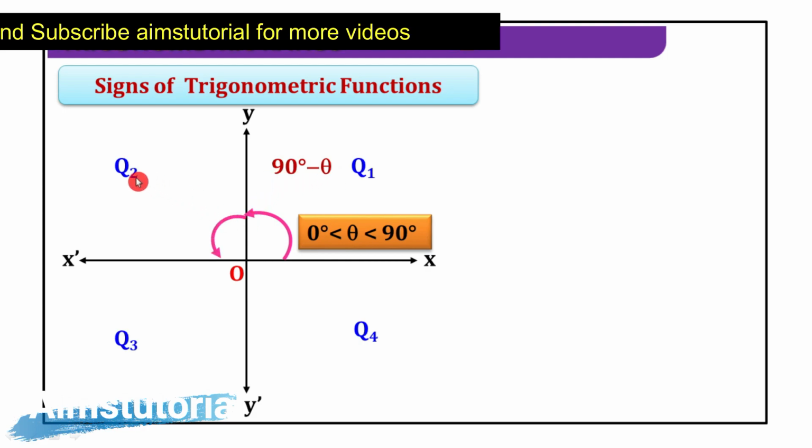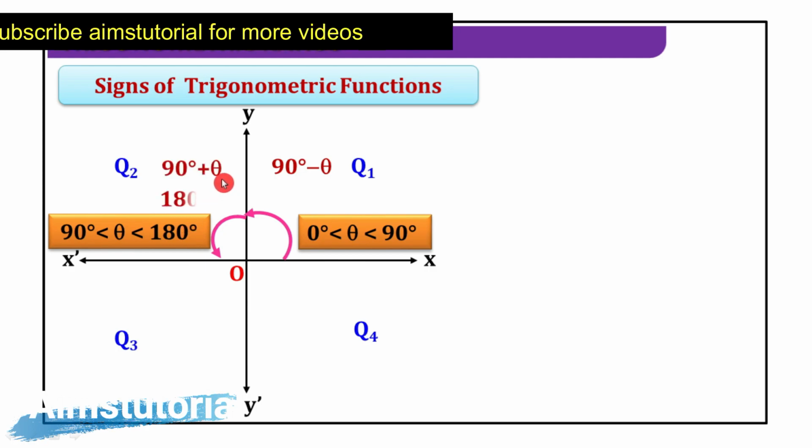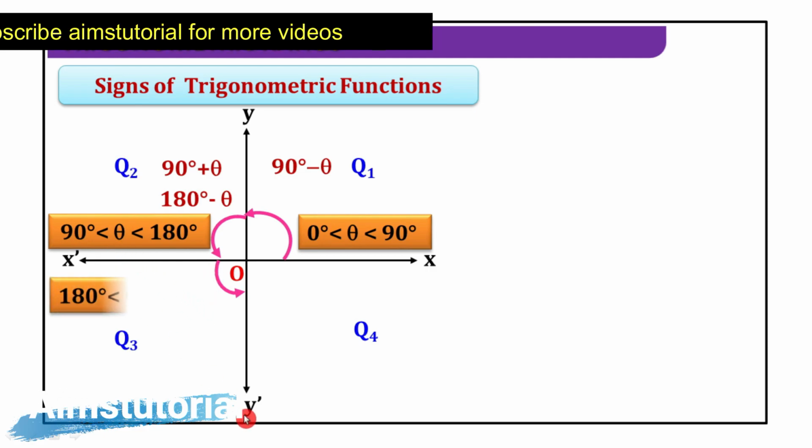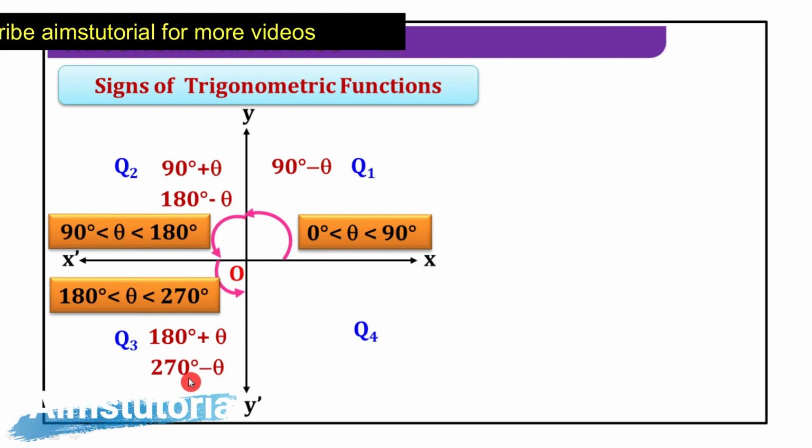Q2 is from the positive y-axis to the negative x-axis, meaning from 90 to 180, so 90 plus theta or 180 minus theta. And Q3 is from 180 to 270, so 180 plus theta, or we can write 270 minus theta.